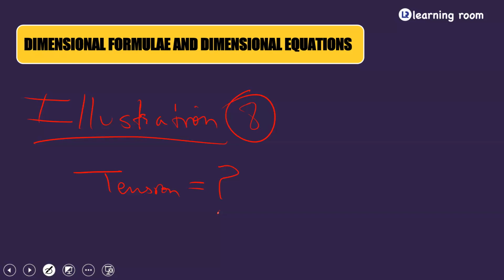The last thing we did was limitations. Just now we talked about the limitations of dimensional analysis. The last thing we did was dimensional analysis.